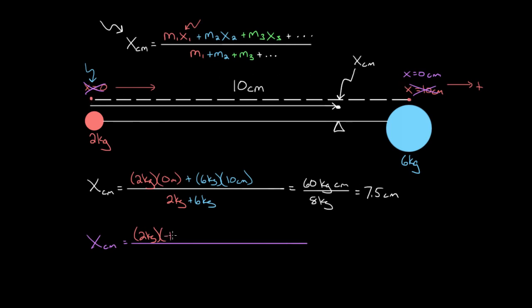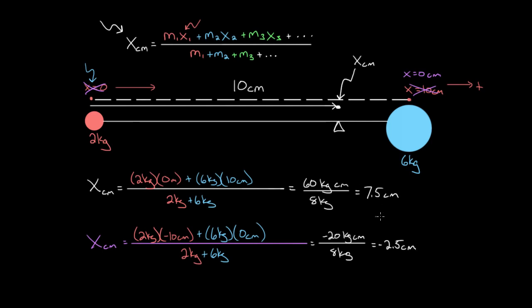So this is going to be negative 10 centimeters plus 6 kilograms times the location of the 6 kilogram mass, which is 0 using this convention, and we divide by both of the masses added up. So that's still 2 kilograms plus 6 kilograms. And what are we going to get? 2 times negative 10 plus 6 times 0, well, that's just 0. So this is going to be negative 20 kilogram centimeters divided by 8 kilograms, which gives us negative 2.5 centimeters.